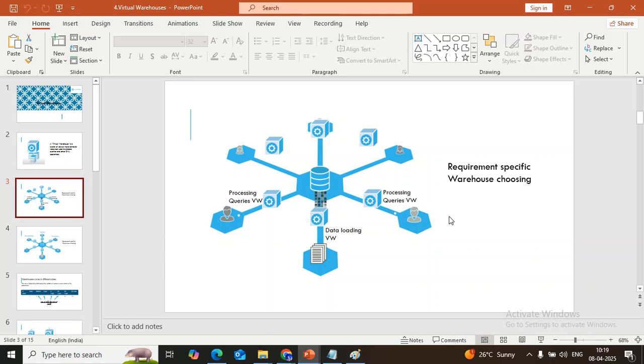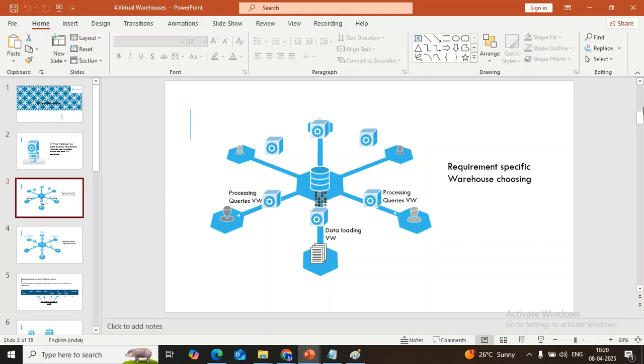We have divided our warehouses into three or four different segments in our organization. First, we have kept one warehouse dedicated to data loading. Another is for processing the data, and one more for processing queries.